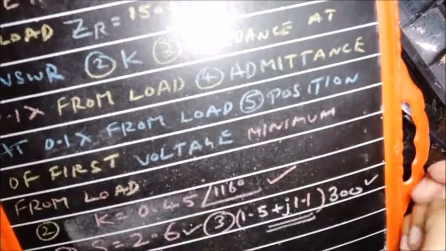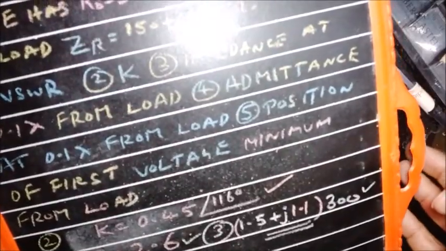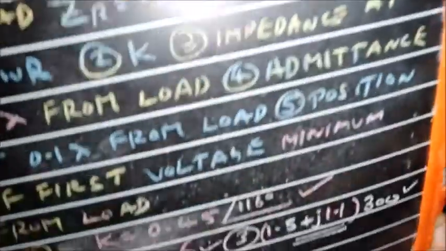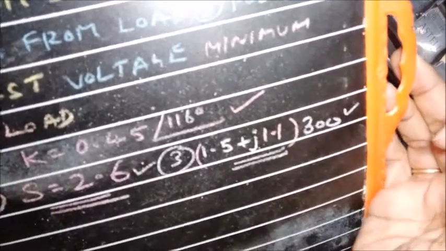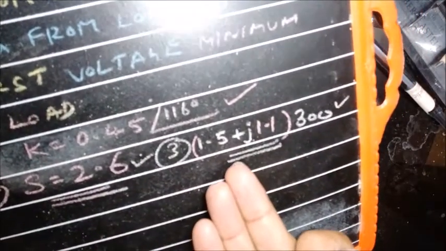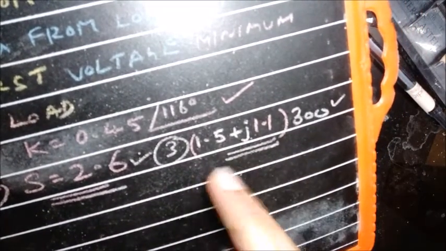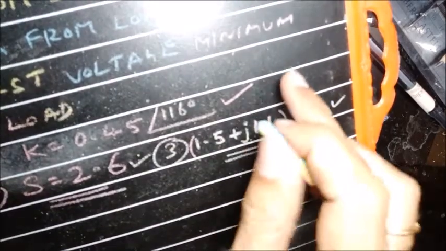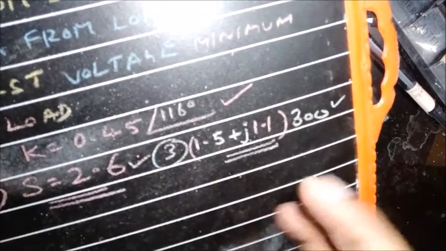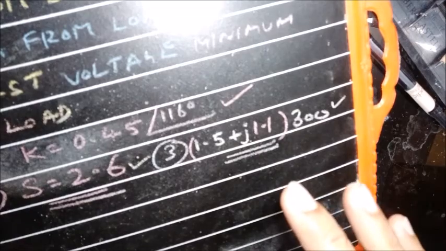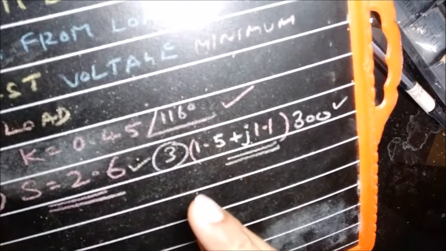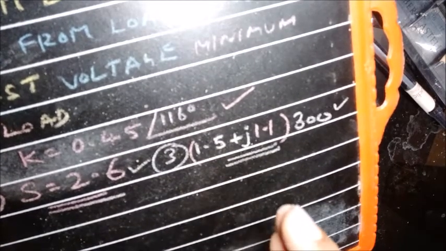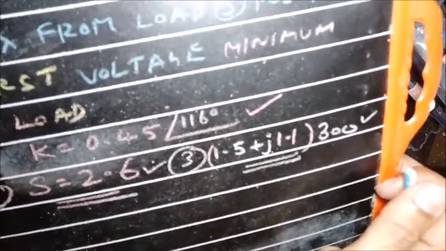So next, as I said, is the admittance at 0.1 lambda from the load. Let us not think that since we have the impedance at 0.1 lambda from the load, we can find out the admittance by just doing 1 by this and then manipulating it to get a conductive part and a susceptive part. That is not the way we are going to do it. We are going to do it using the Smith chart itself.